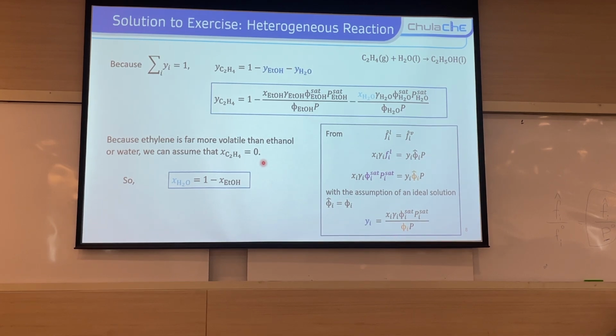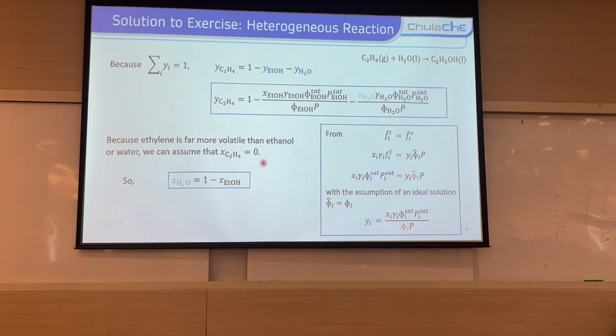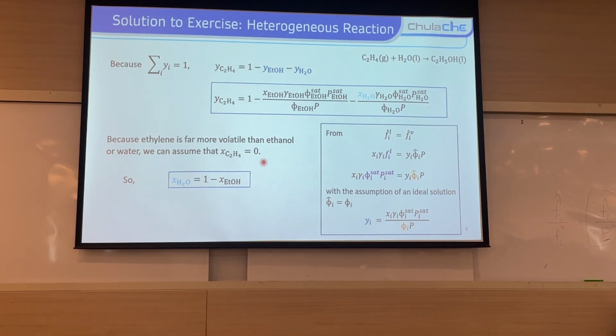In an examination situation, how can we know which component is more volatile than the other?